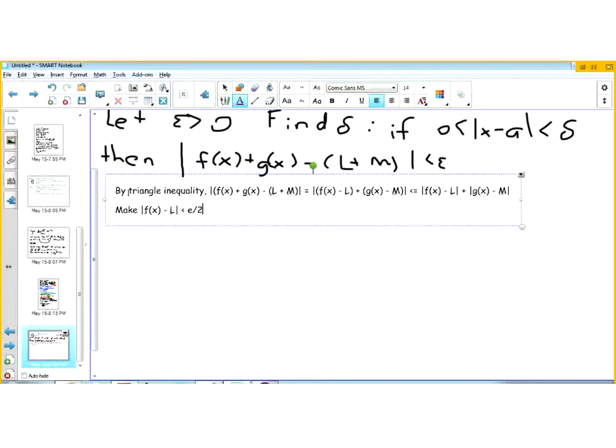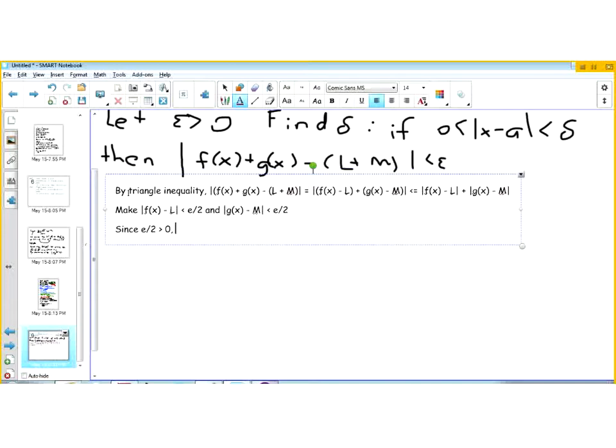So now the next thing we want to do is make the distance from L less than epsilon over 2, and I'll use E for epsilon. I don't want to have to go and hunt for Greek letters using this editor. And we'll make the distance from M less than epsilon over 2.